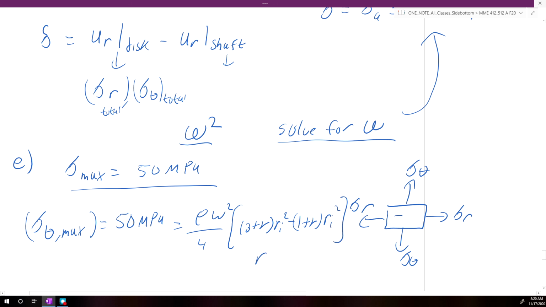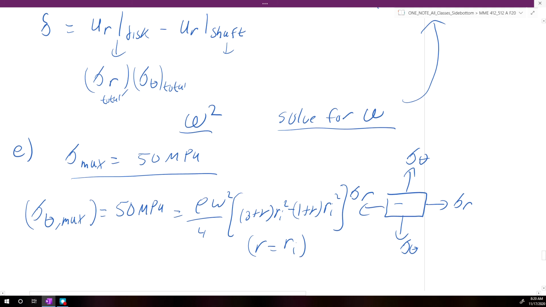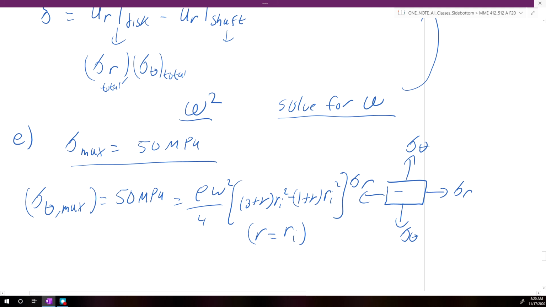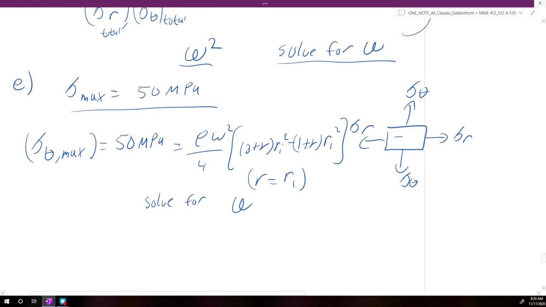This equation is because r was equal to our inner radius. So that's where our maximum stress is going to occur. And so if we solve for omega, this will be your burst speed.